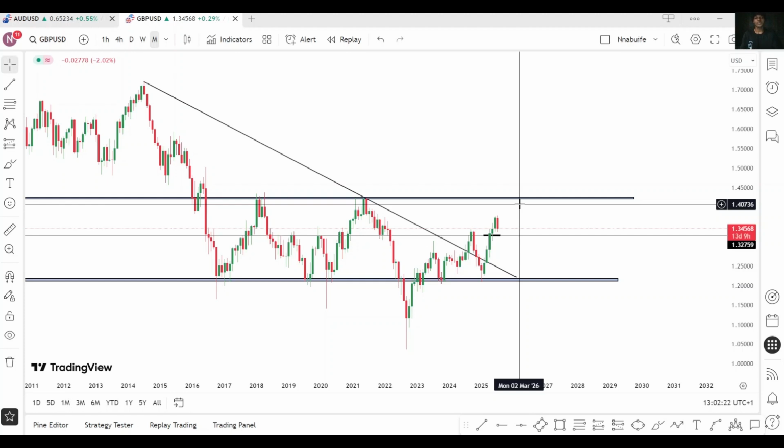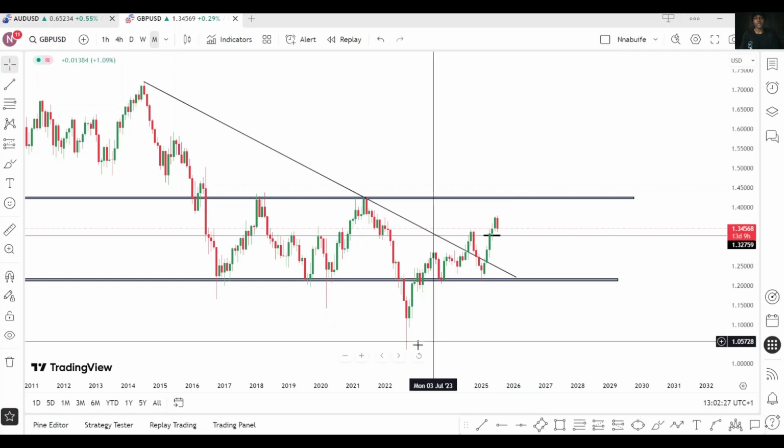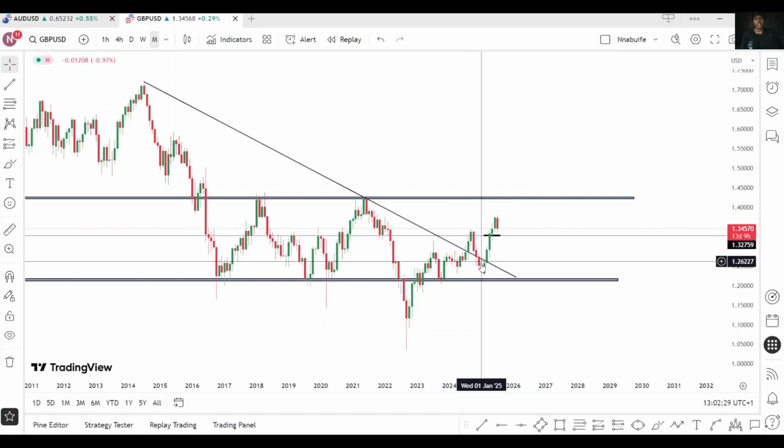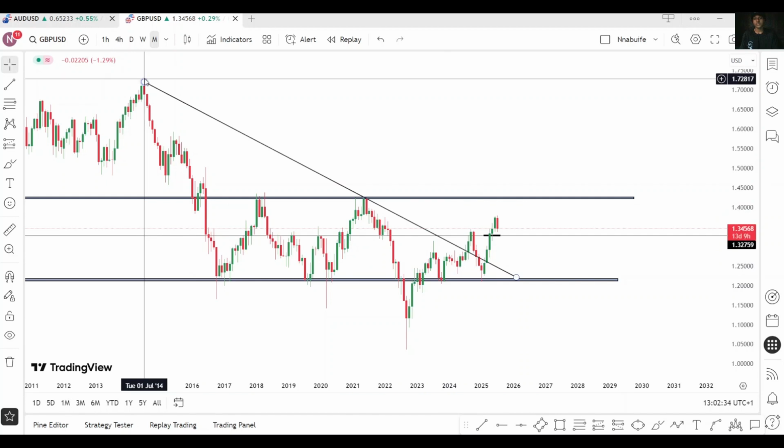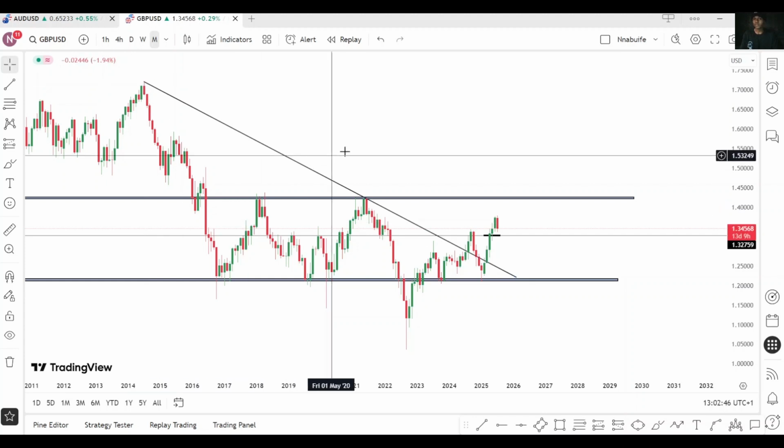And also another profound reason why GBPUSD is now heading to the upside is because we have broken out and retested this trend line that's been holding since July 2014. When the market was hitting this trend line, the trend line was slapping it down.